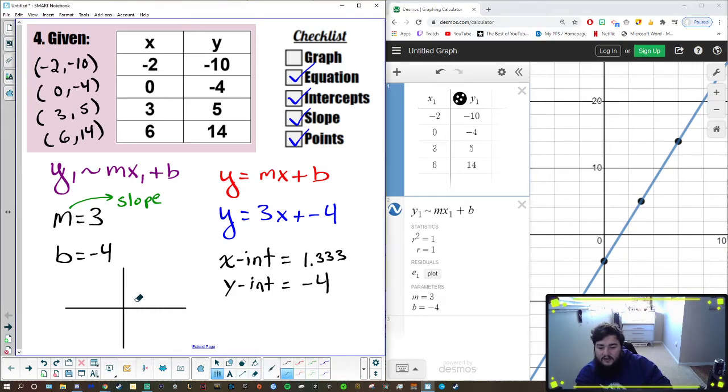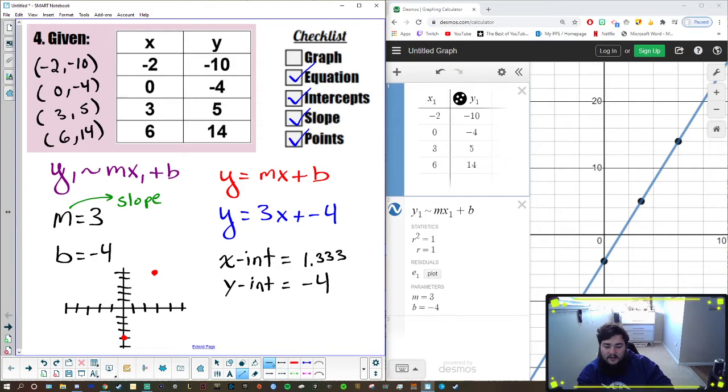So I'm going to put some dashes, 1, 2, 3, 4, 5 on each axis. I'm going to plot the point 0, -4: 0, 1, 2, 3, 4. And I'm going to plot the point 3, 5: over 3, up 5.